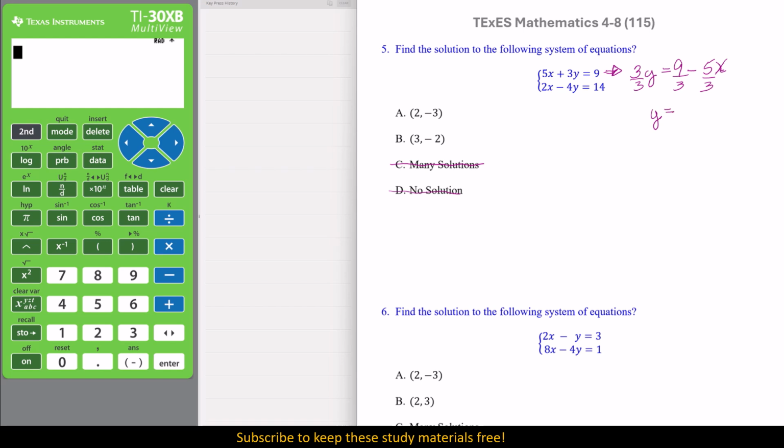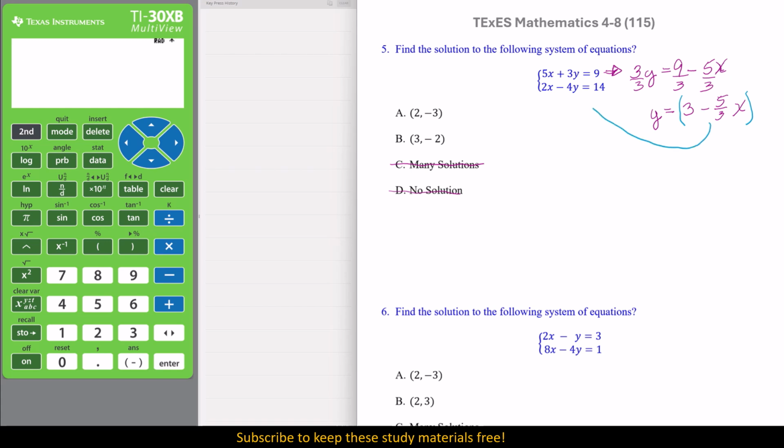Y equals 3 minus 5 over 3x. Okay, we're not worried about the fact that it's a fraction at all. Even if you kept it as a whole fraction, it's fine. So the point is, now we have something to substitute into the second equation.